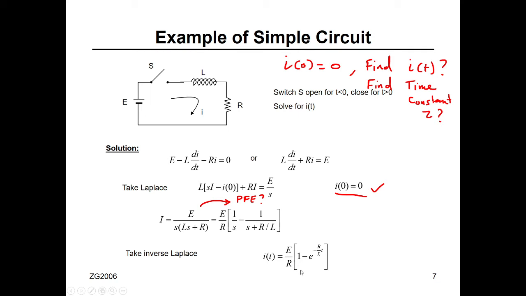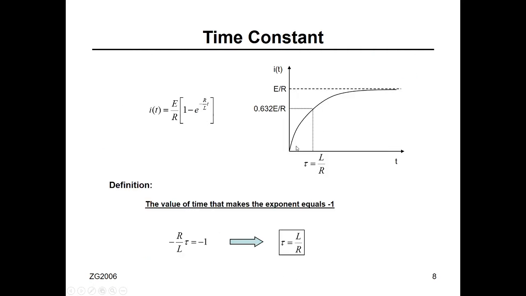Now, if you go to MATLAB and plot this solution, this is what you will get. Exponential curve, initial value 0, and the final value will be E over R. This is your initial value, and this is the final value.